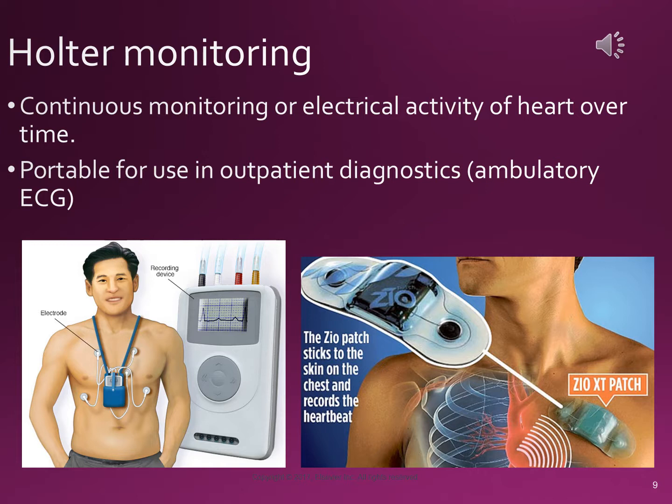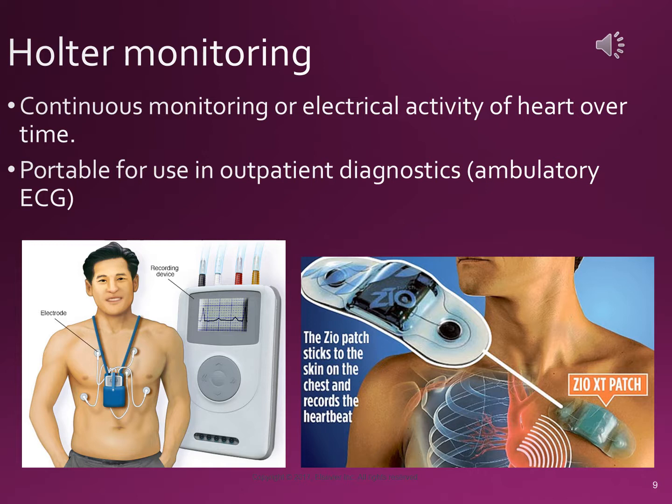There's also a continuous monitoring that you can do as an outpatient with either leads, as this guy has on with what we call a Holter monitor, or a Zio patch, which is not the different leads, but just one little patch that you place in a certain place in your chest.